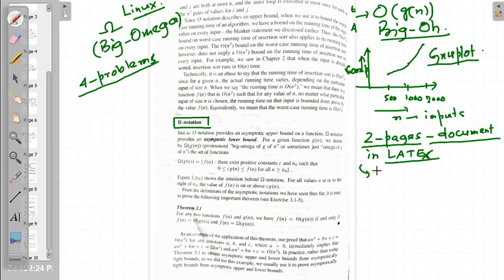There is one very good source, the LaTeX Wikibook for LaTeX. You can go through it for further reference on how to do it. A 2 pages document on Big O. All 4 programs you have to write, and this graph also you have to plot in those 2 pages, and you have to submit.